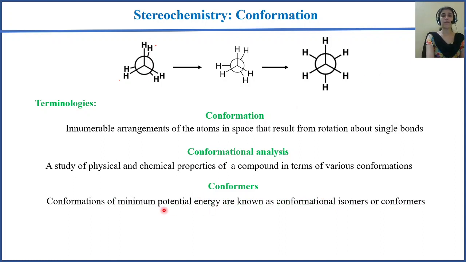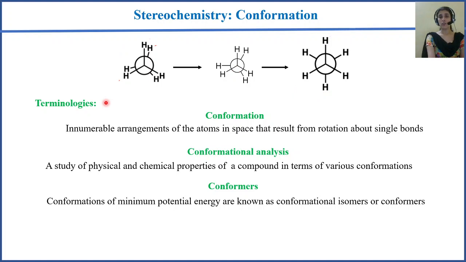Now the term conformers. Conformations of minimum potential energy are known as conformational isomers or conformers. Now these conformations have some energy. This conformation has some energy, but they are different.